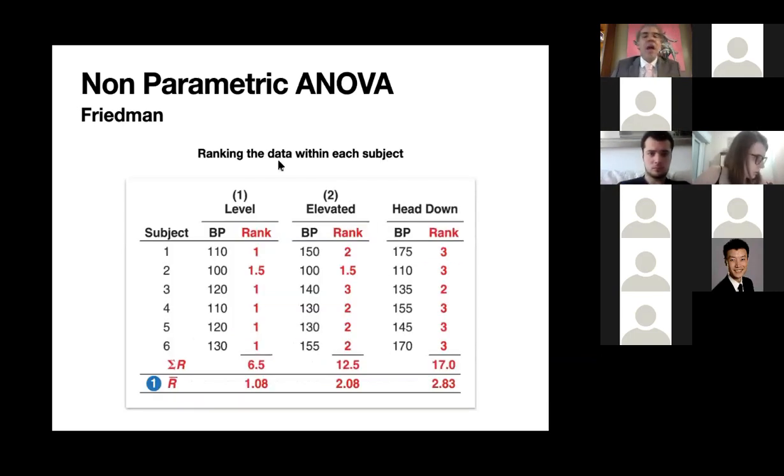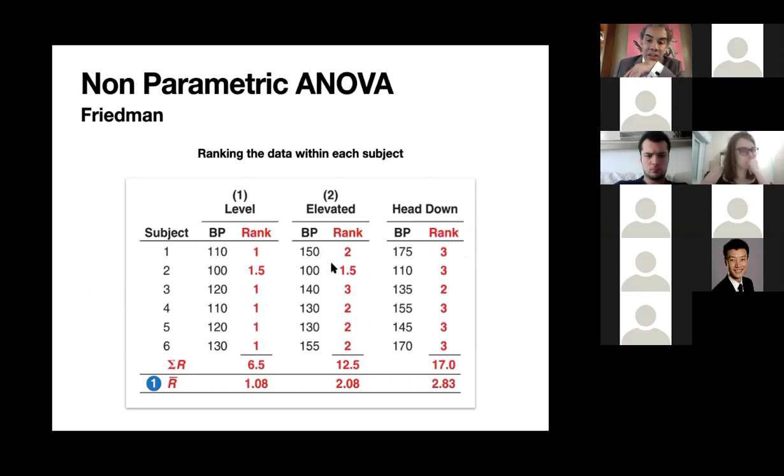So, as I told you, this is how you rank the data in Friedman, which is repeated measures, okay? Remember, in the other one, you rank from the lowest to the highest. Now, your ranking is across subjects, so horizontally, okay? You rank it all across subjects. So, 110, 150, and 175 is 1, 2, 3. Here, 120, 130, 135, 140, the same, 1, 2, 3.